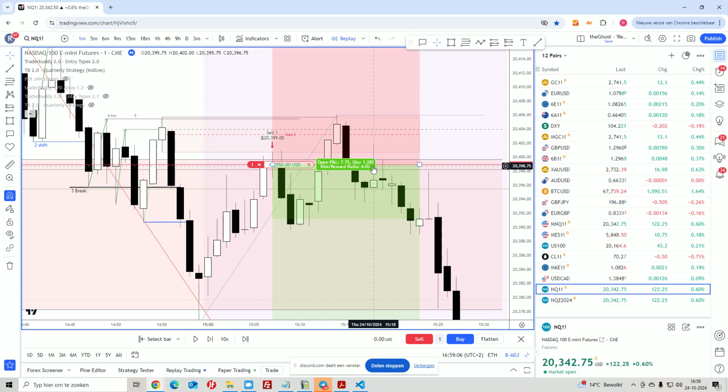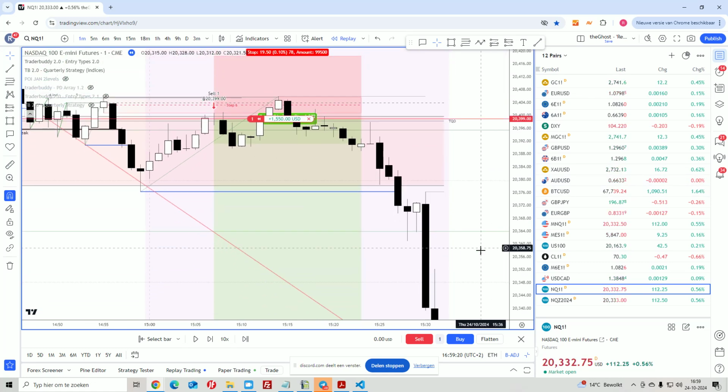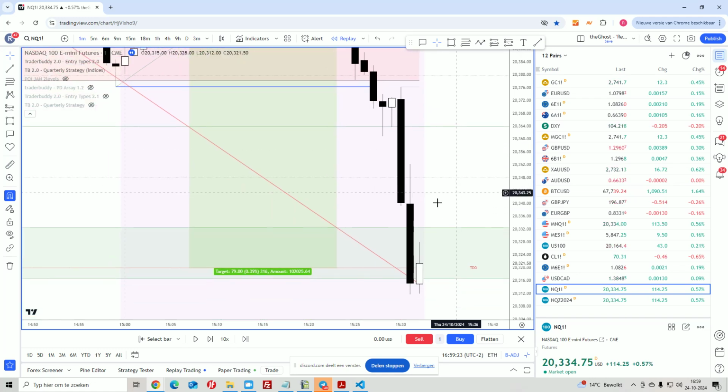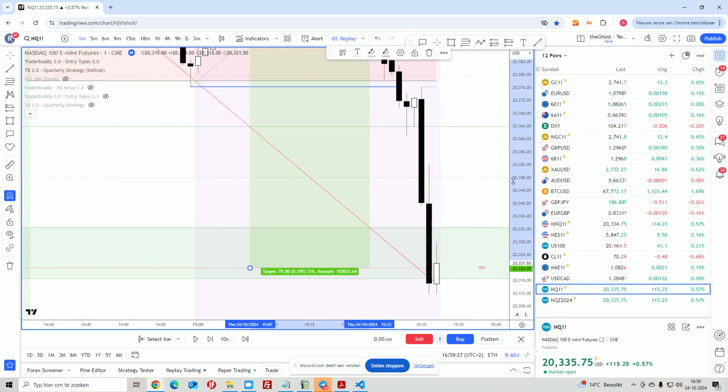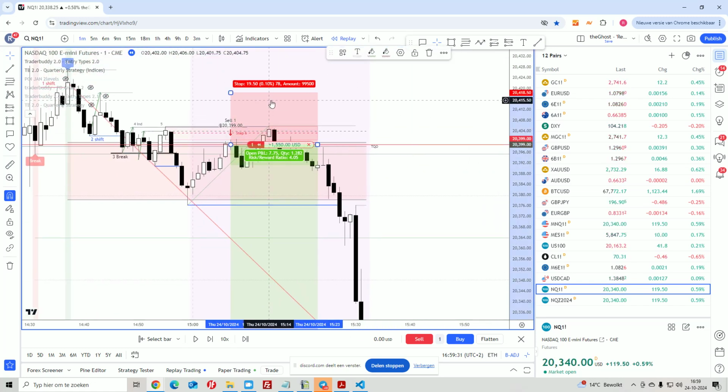No, something went very wrong here. 1550 times 1.282 equals 1987. Okay, well, somewhere in the neighborhood of $2,000. So that is correct. So these settings for this indicator, for these indices, are correct.